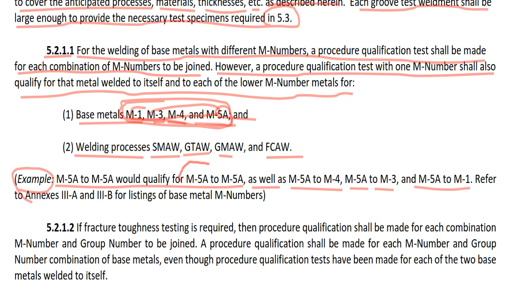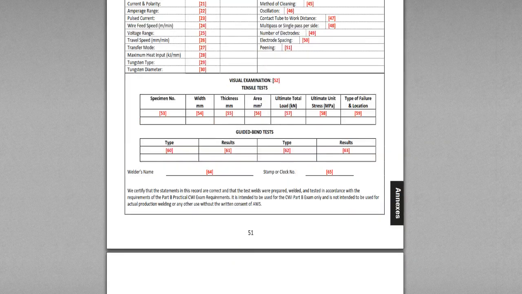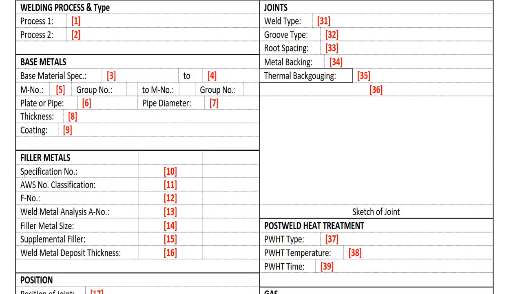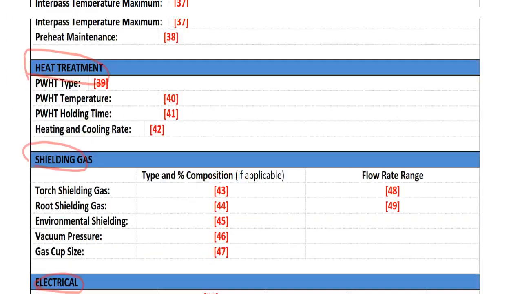So if you have the PQR made in 5A to 5A, where it says base metal M number to M number, here is 5A and here again 5A, then in the WPS the qualification can be like this.